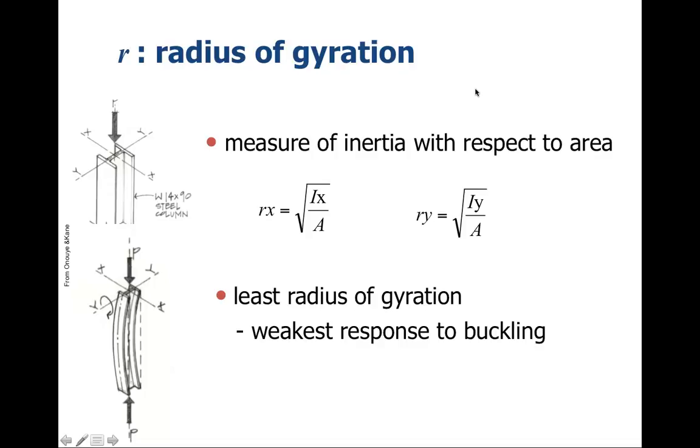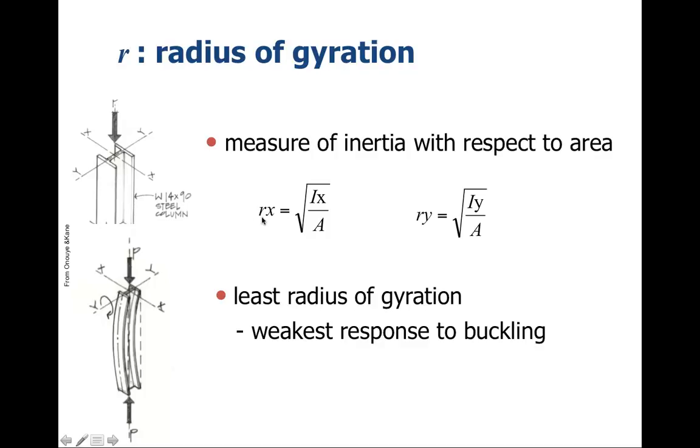All right, another factor that we use in terms of buckling is the radius of gyration. It's hard to provide a very good definition for the radius of gyration, but basically it's a measure of the inertia with respect to the area. And of course, this comes back to the fact that we're going to have two axes here. So here we have this I-beam. We know that it's going to buckle more along this axis, this way, as it's shown here, and not the other axis.